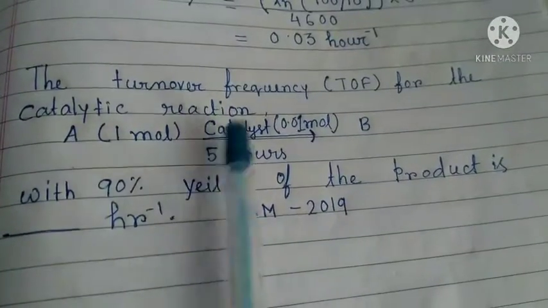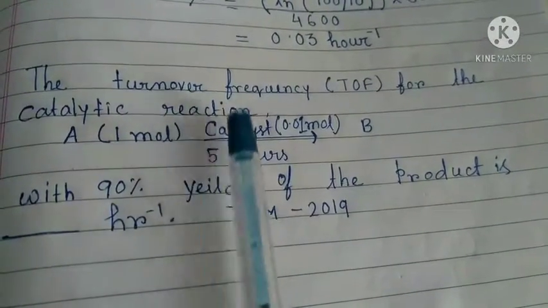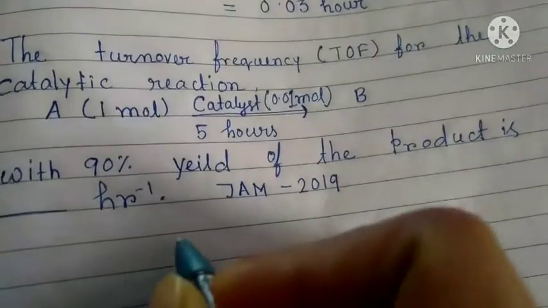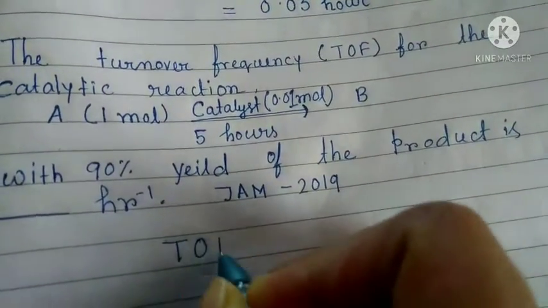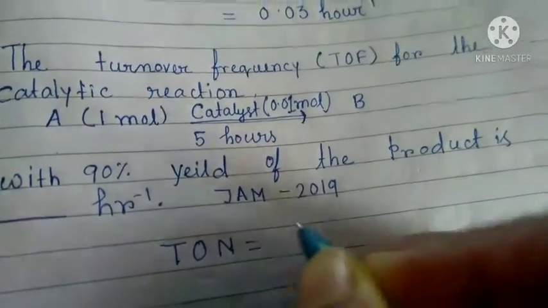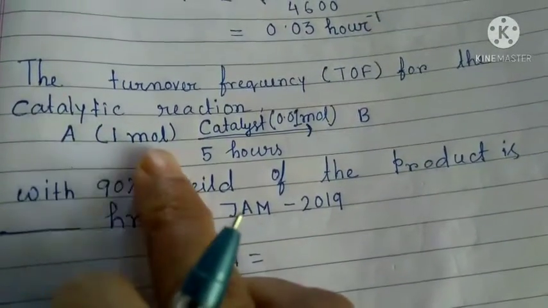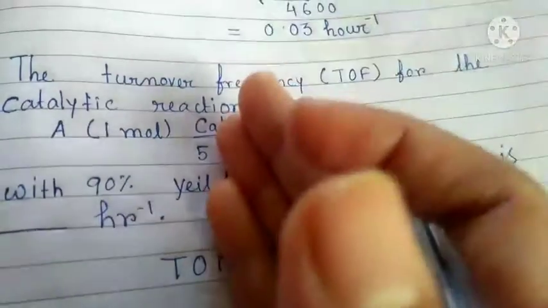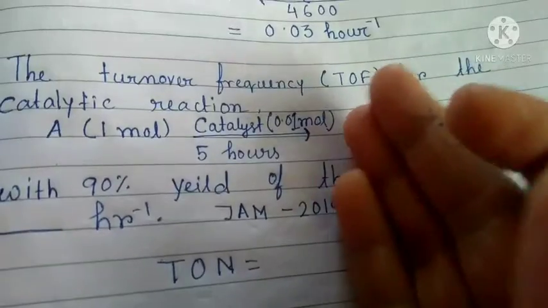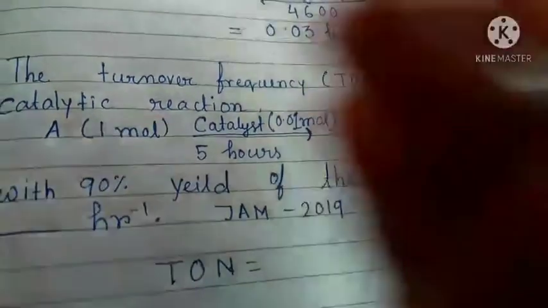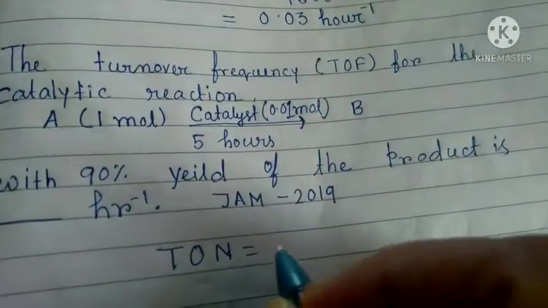Before turnover frequency we should know the turnover number. So turnover number is the amount of the substrate converted into product per unit concentration of the catalyst used.